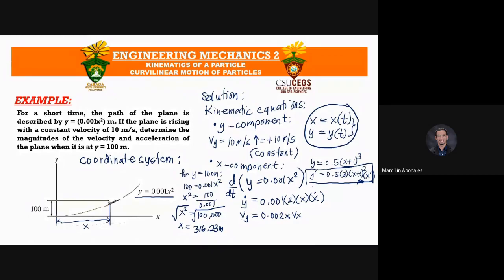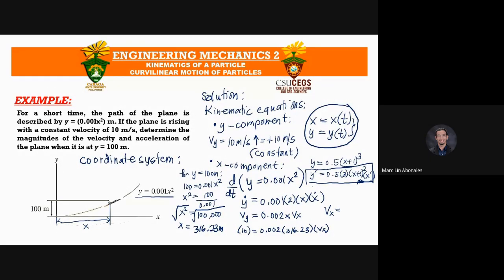So that would be 10, 0.002, 316.23 Vx. How much is the x component of the velocity?